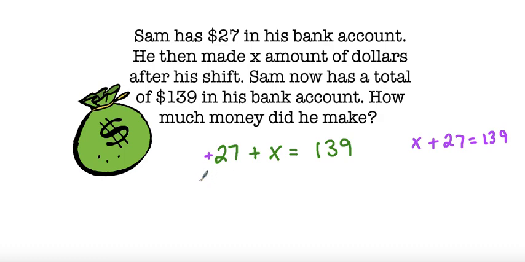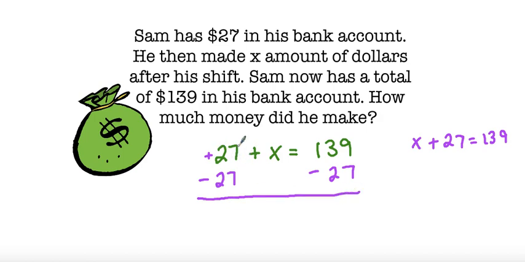Or you could just subtract by 27 because we know we want to isolate the x, so we're going to leave the x alone and try to get rid of the 27. So if I subtract by 27 here, I know that will equal 0 and x will be by itself. So if I do minus 27 on the left side, then I have to subtract by 27 on the right side.